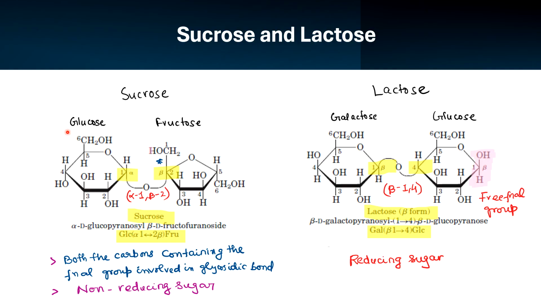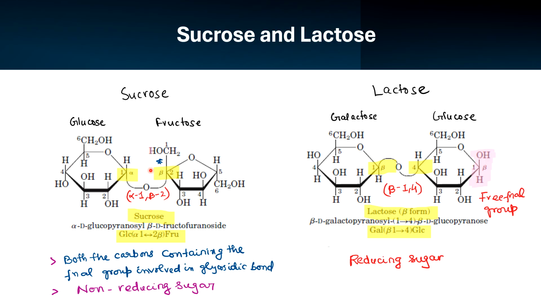Now, the important thing is that sucrose is an example of a non-reducing sugar. How? Look, in the case of glucose, the aldehyde group is present in C1. Now this C1 makes a glycosidic linkage and hence it is not free. Now if we look at fructose, fructose is an example of a ketose sugar. Being a ketone, it will have the ketone group at C2, right? Aldehydes will be present in C1 and the ketone group will be present in C2. We know that, right?